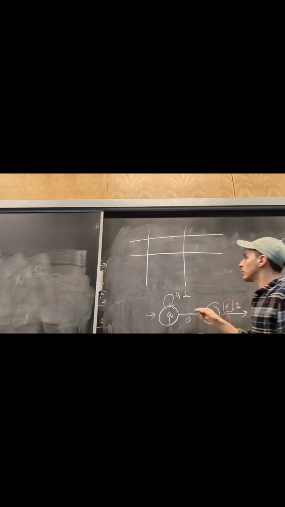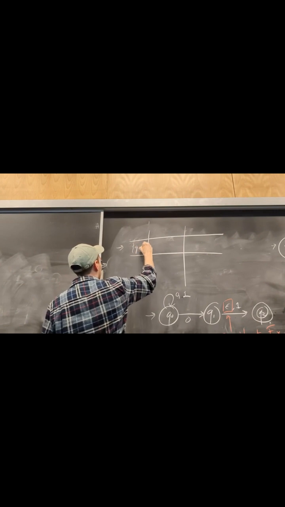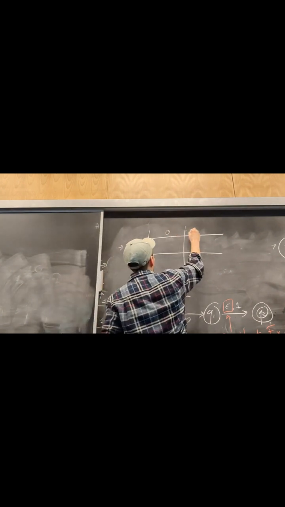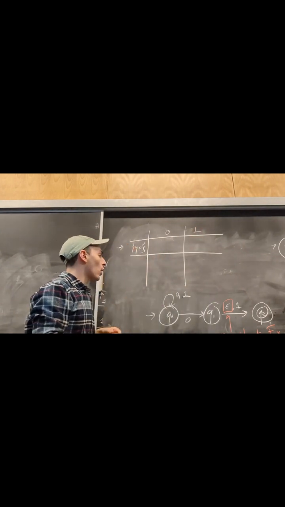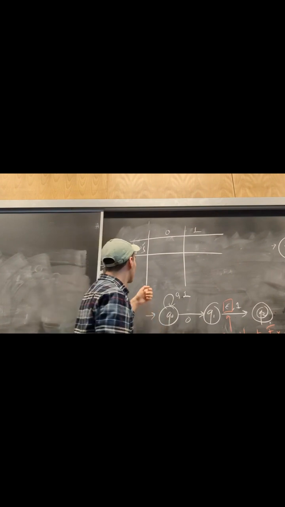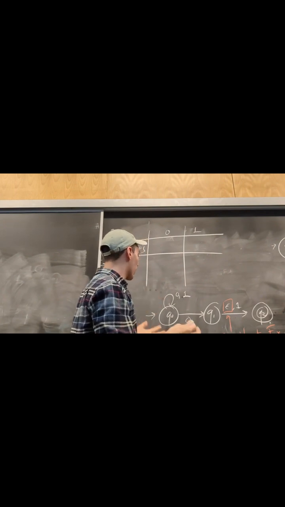So now I add the start state in my conversion table, and I say for letters 0 and 1, when the NFA is at Q0, what states can I possibly go to in my NFA? So from the set of states Q0, when I read 0, where can I go?